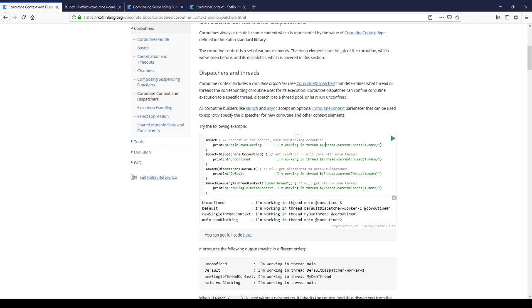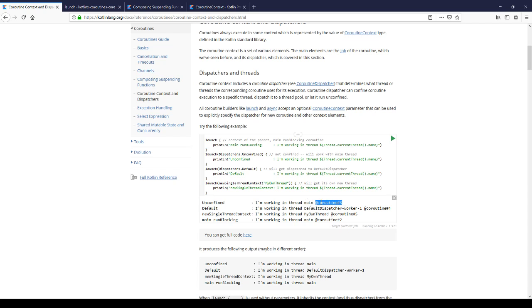Aha. So this at coroutine number 3 is like a lambda or function pointer.